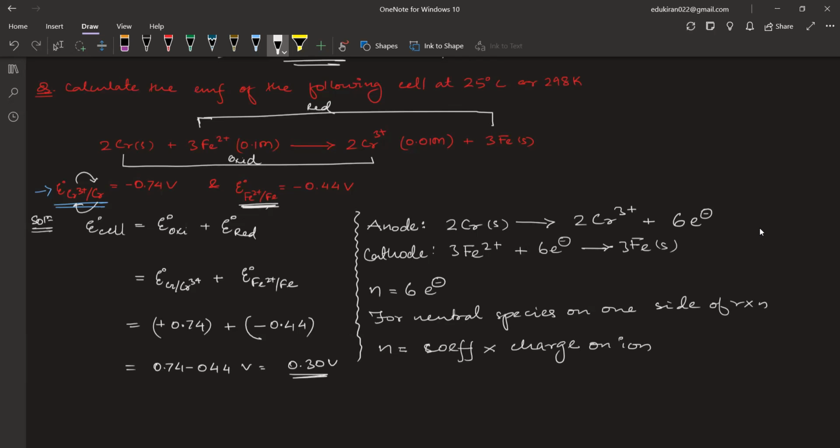So for neutral species, that means यहाँ पे chromium है, right? Chromium neutral है, तो क्या कीजिएगा आप, इसका charge species को देखिए, 3 to the 6, है ना? And you can also see Fe is there, that is also neutral. Then you look at its charge species, 3 to the 6. Okay, so this is the number of electrons.